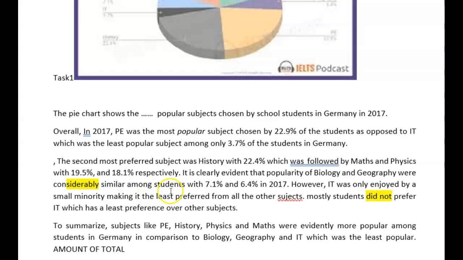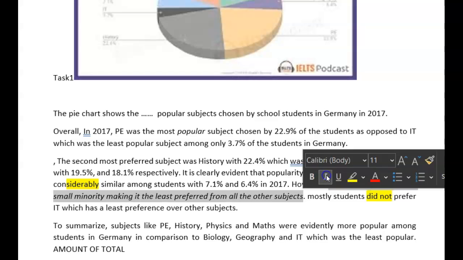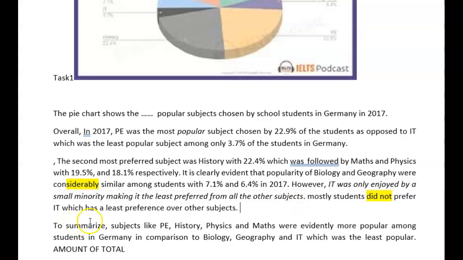Okay, just shifting that a little bit. I'm adding in a few more words here as well because it was a little bit short, so it just adds a few more words. Okay, to summarize, I wouldn't go to summarize. I don't think you need that because we've put in the overall here.